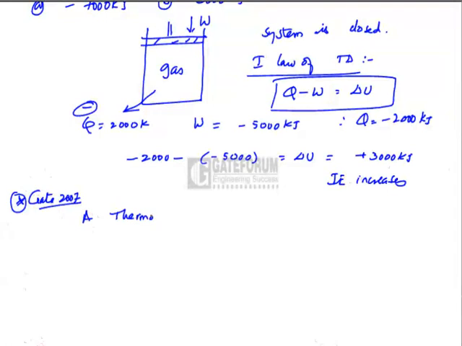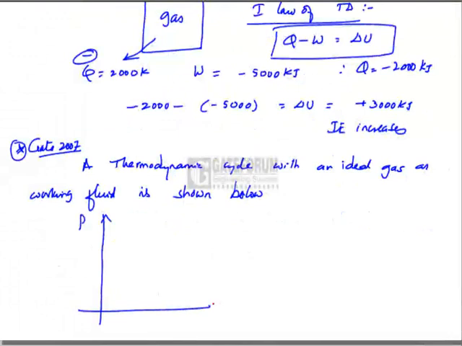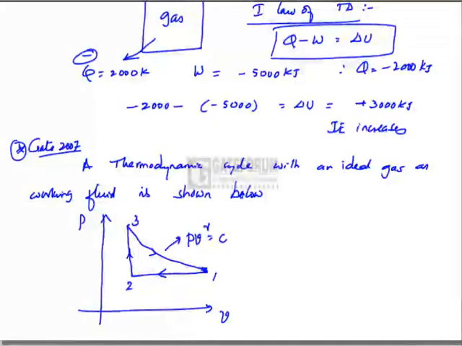A thermodynamic cycle with an ideal gas as working fluid is shown below on pressure specific volume thermodynamic plane. 1 to 2 is a horizontal line, 2 to 3 is a vertical line, 3 to 4 is given as PV to the power of gamma is equal to constant.